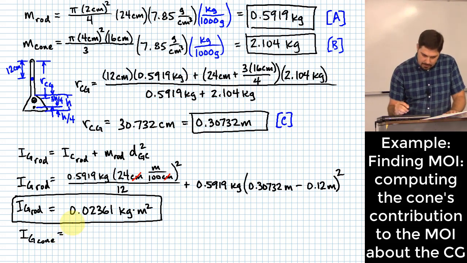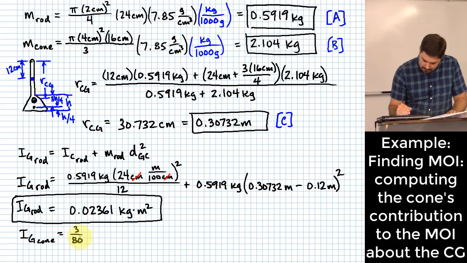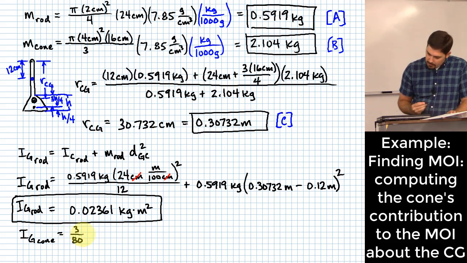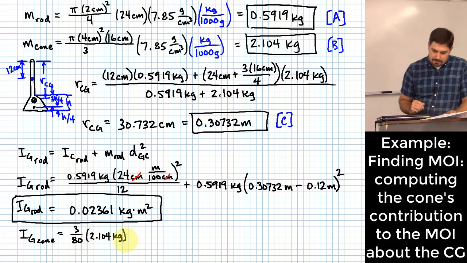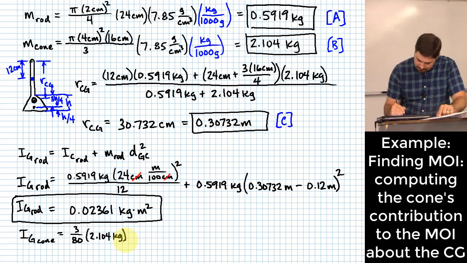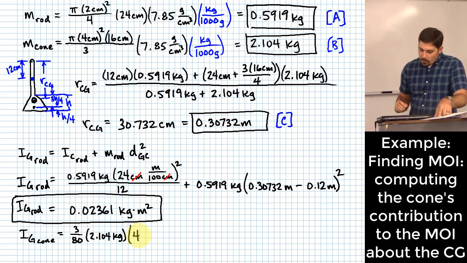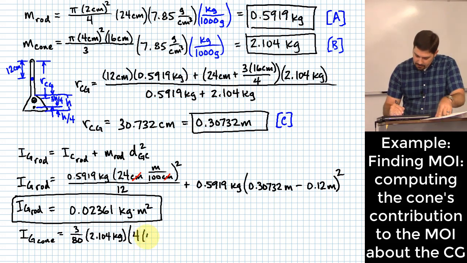Okay, so here's what that looks like. 3/80 times the mass of the cone. The mass of the cone is 2.104 kilograms. Okay, times, here I've got 4, I need the radius of the cone. The radius of the cone is 4 centimeters.